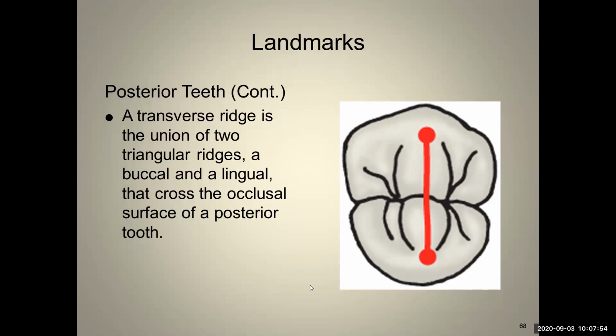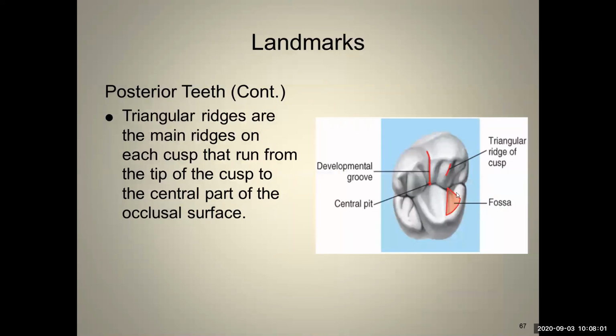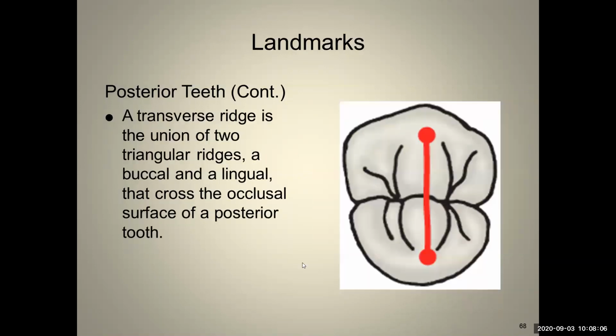Now, some posterior teeth have something called a transverse ridge. If you've got two triangular ridges, one on the buccal and one on the lingual, and it crosses the occlusal, it's called a transverse ridge. This is a premolar. Transverse ridge. It goes from the buccal, and then there's another one on the lingual.